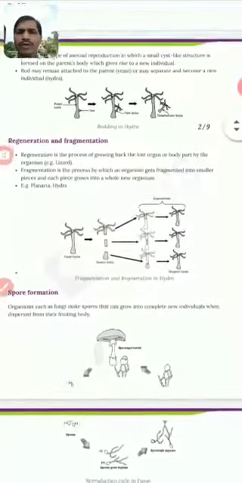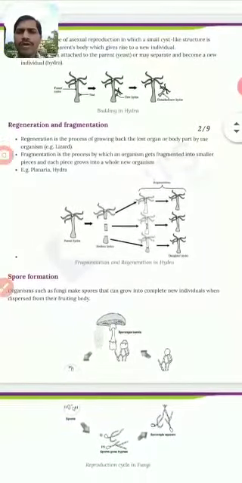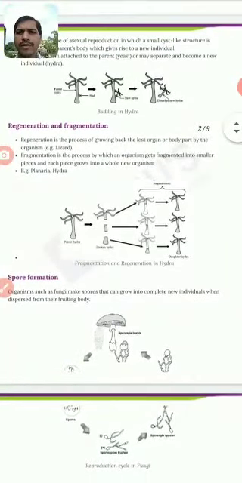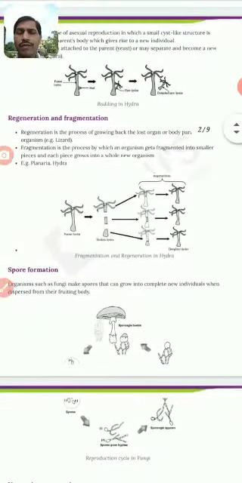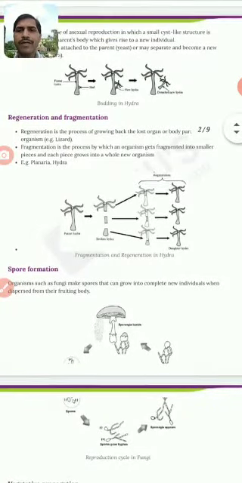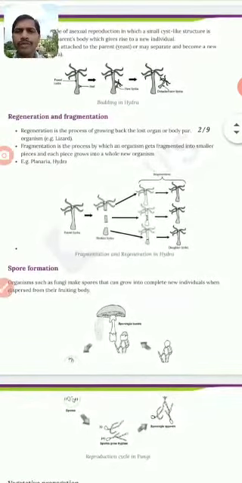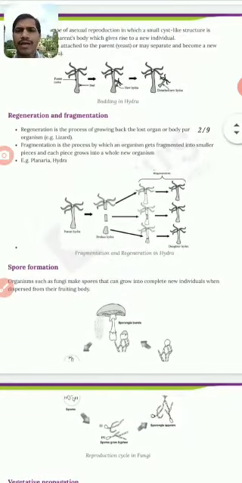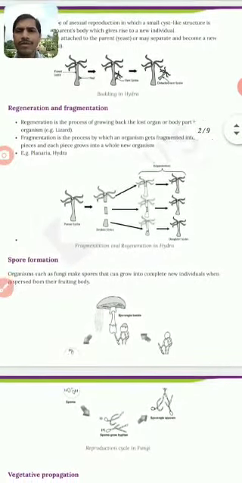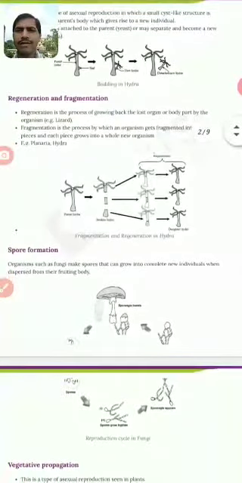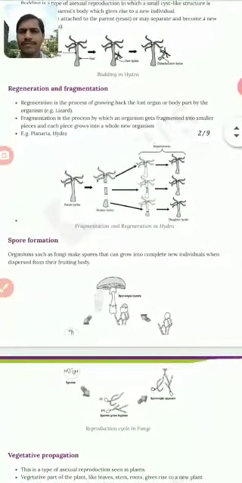Regeneration is a process of growing the lost organ or lost body parts, as we can see in the example of the lizard, because a lizard is capable of producing a new tail if it loses its tail during any incident.